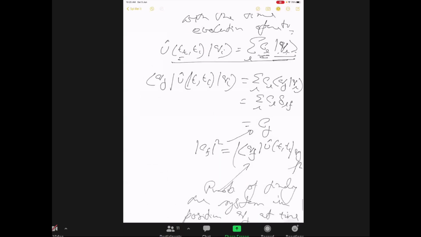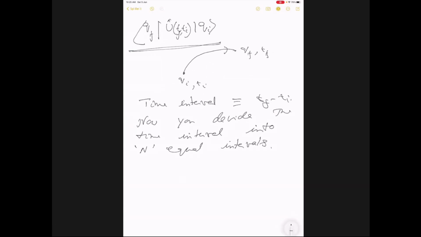I'm just breaking the time interval into n equal pieces such that delta t equals (Tf minus Ti) by n. And take the limit n goes to infinity, delta t goes to zero.